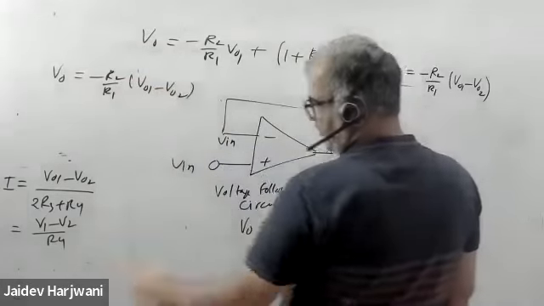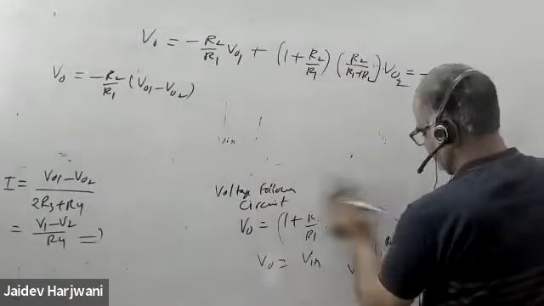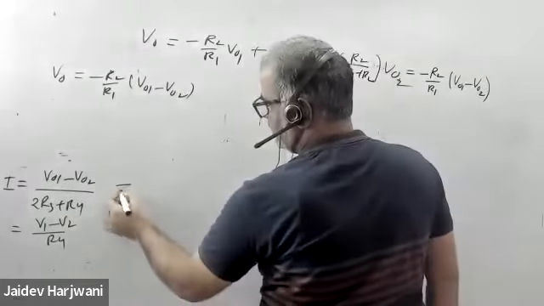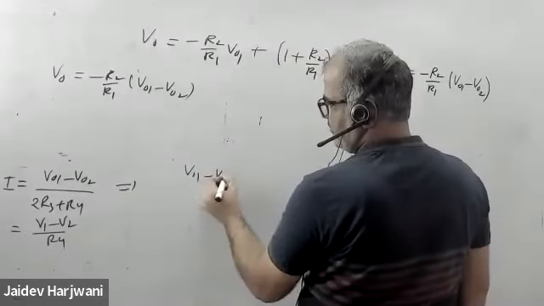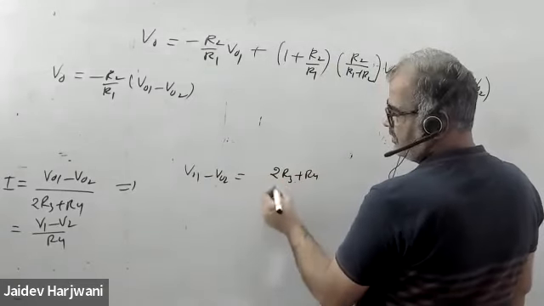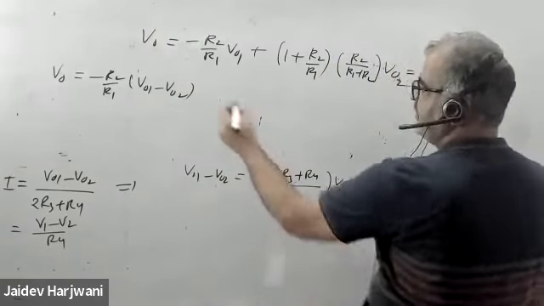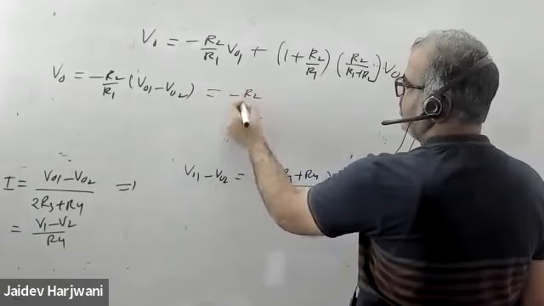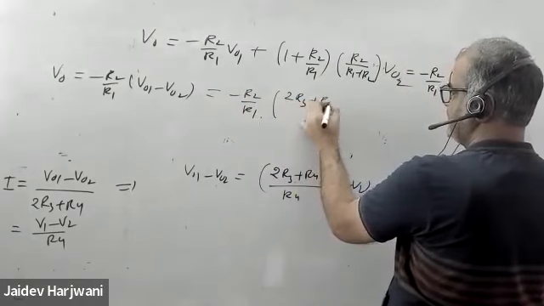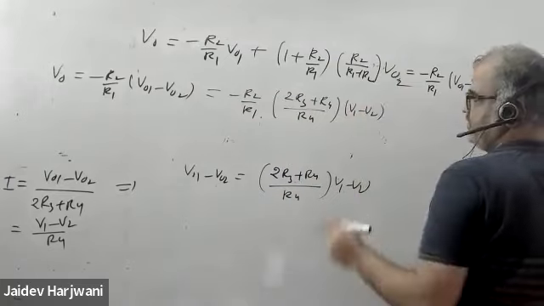And V01 minus V02 is equal to 2R3 plus R4 upon R4 times V1 minus V2. Put this value here: minus R2 upon R1, 2R3 plus R4 upon R4, V1 minus V2.